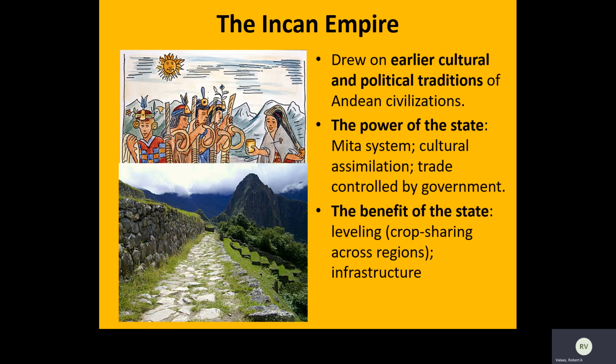Remember the mita system, the way that most common people in the empire were called upon to mita at certain points of the year and do work for the government. It's possible that these workers here are working on a sun farm, one of the state-owned farms that produced food for the Incan Empire.